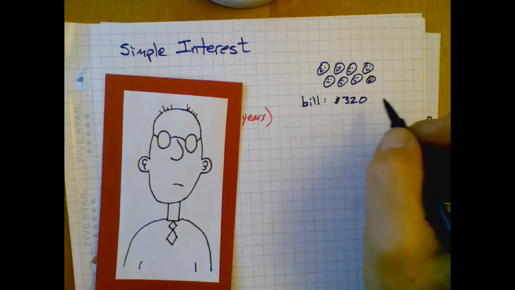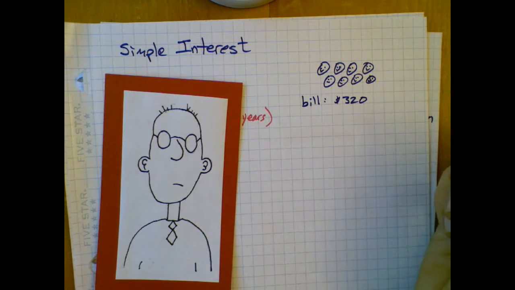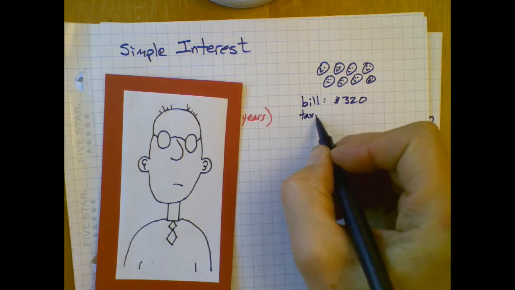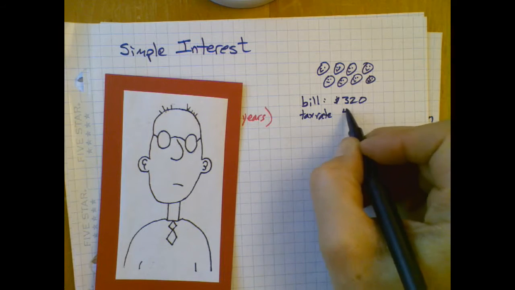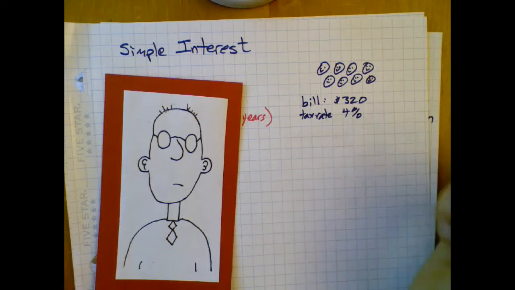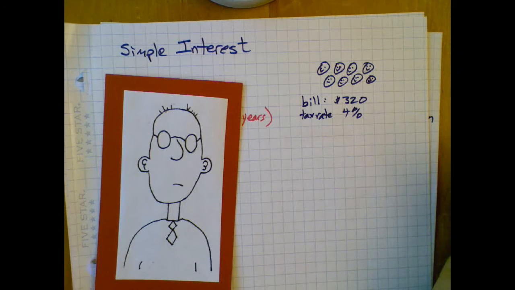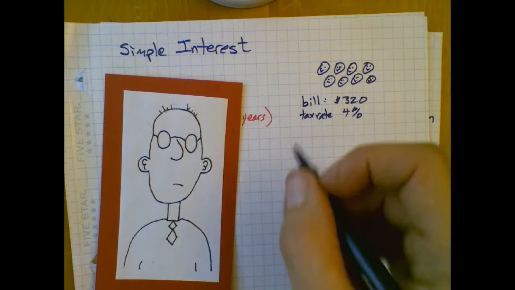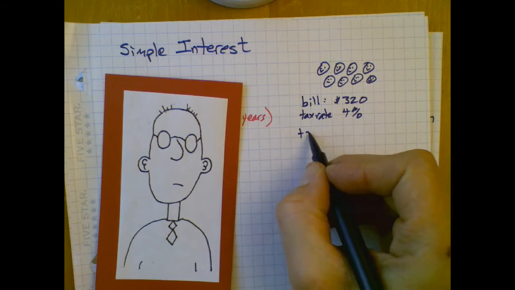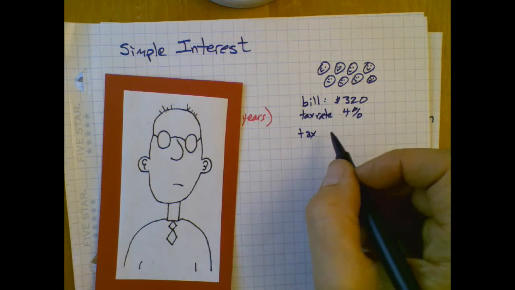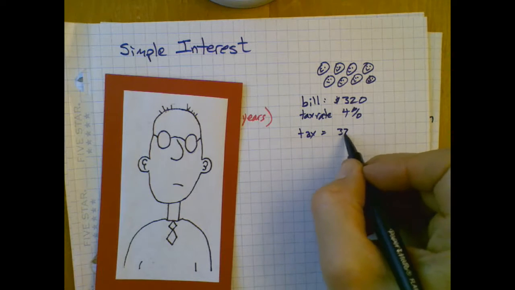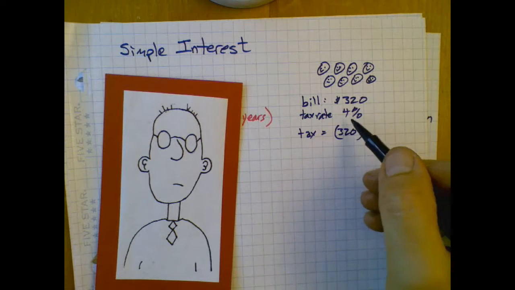Okay? And let's say that in the town where we're having this meal, the tax rate is 4%. I need to find out how much tax I'm going to pay on my bill. So if I want to find the tax, I'm going to have to multiply how much I pay for my bill times the tax rate.